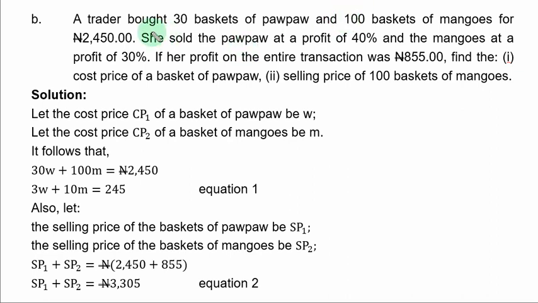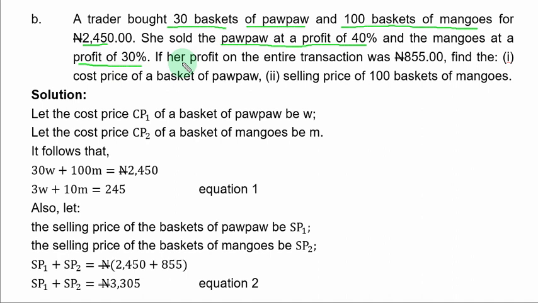Question 9b. A trader bought 30 baskets of pawpaw and 100 baskets of mangoes for 2,450 naira. She sold the pawpaw at a profit of 40% and the mangoes at a profit of 30%.